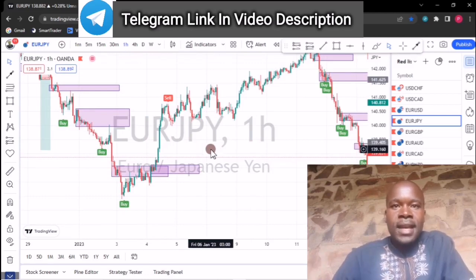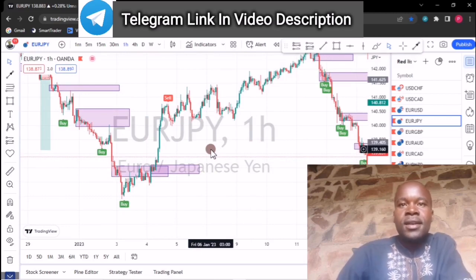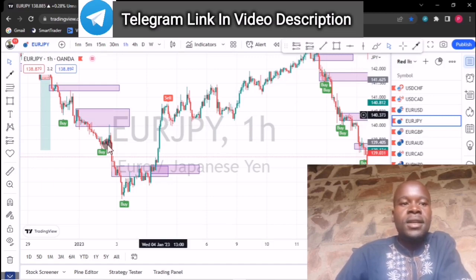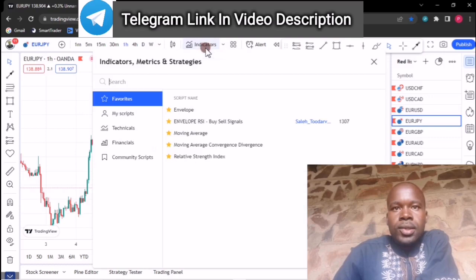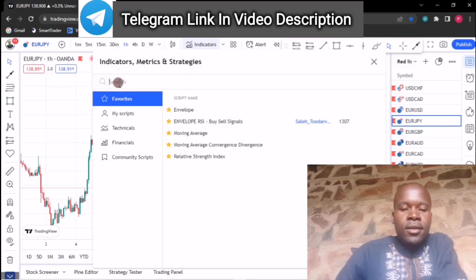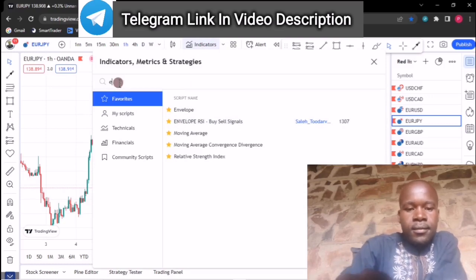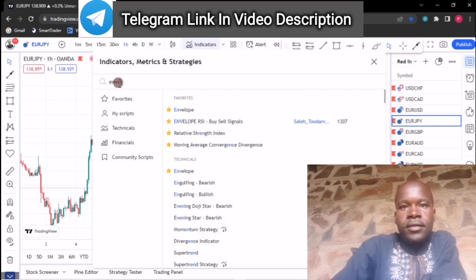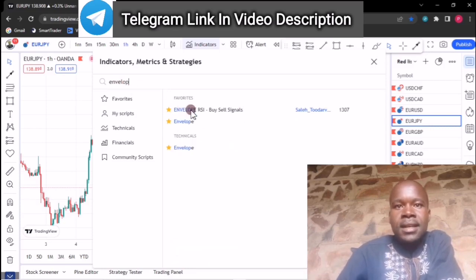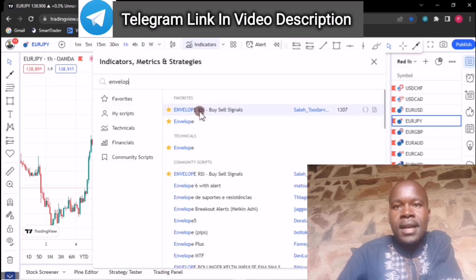Please take your time, practice this strategy. Oh, just before I leave, let me give you the settings. You go to indicators. You type in here envelope, and then you select this envelope RSI buy sell signal.